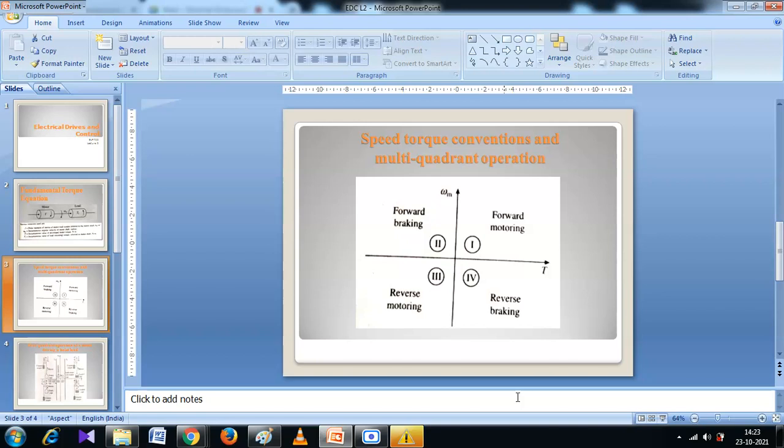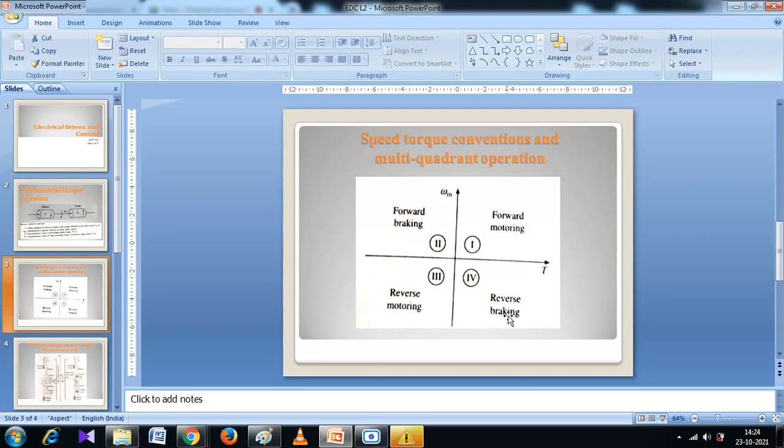So this is second quadrant operation, called forward braking.